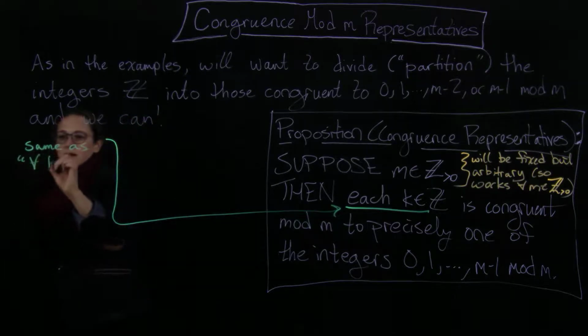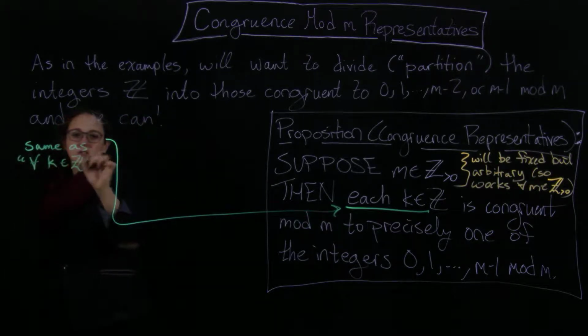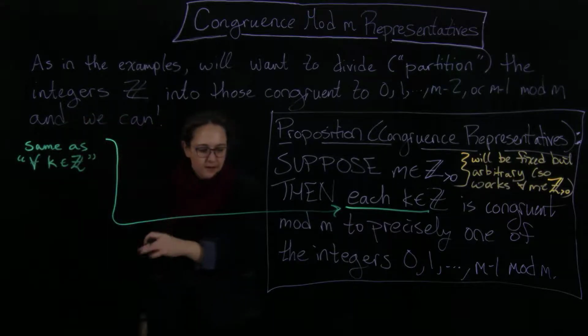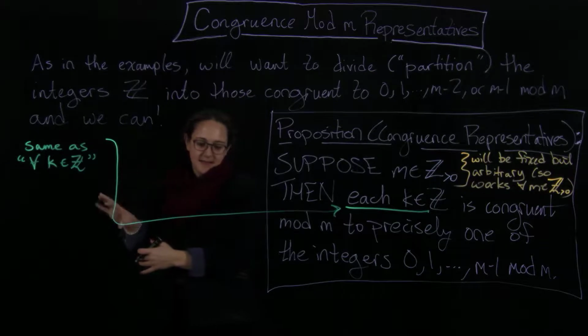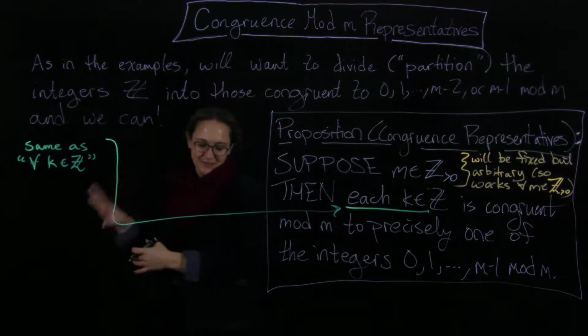Symbolically, this is for all k in the integers. This is also set as fixed and arbitrary.